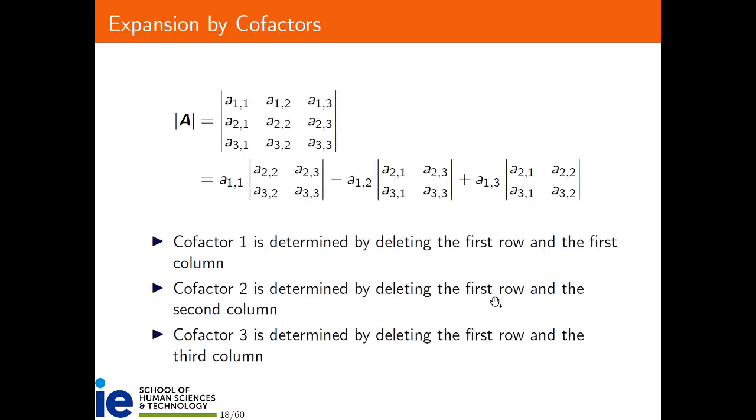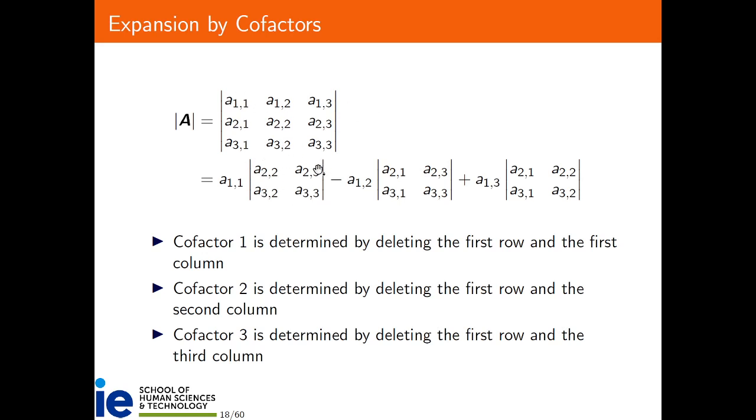So let's go back just for a second. Here I have this matrix A, and I decided to expand over the first row. So what I have is the entries A11, A12, A13, which are in the first row, multiplied by the determinant of the submatrix where I delete, in this case, the first row and the first column.